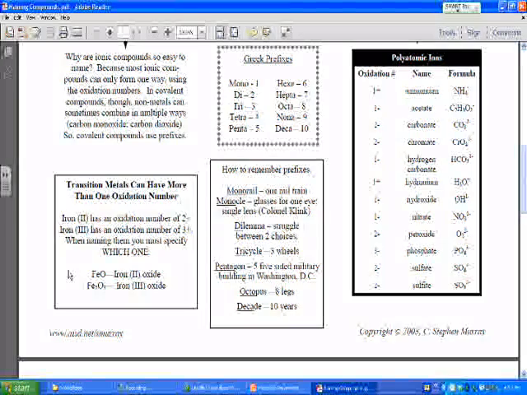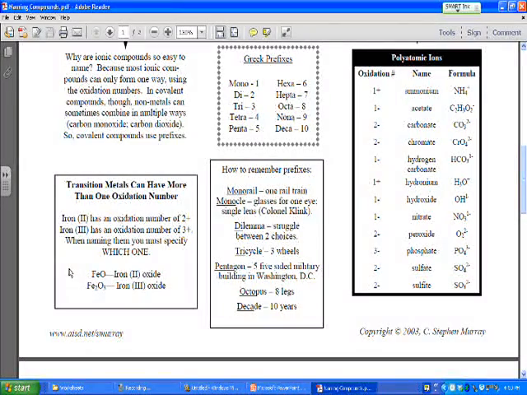Now, when you're naming transition metals, you have to specify which one you're naming. Let's look at the example that they have. They have iron oxide, FeO. Let's do the second one they have listed. What you do to figure out which transition metal you have is a reverse crisscross.